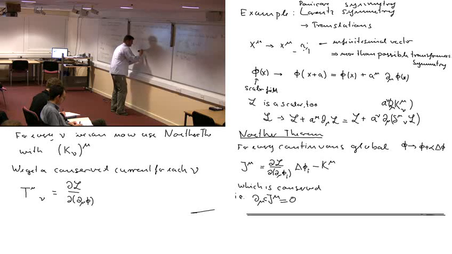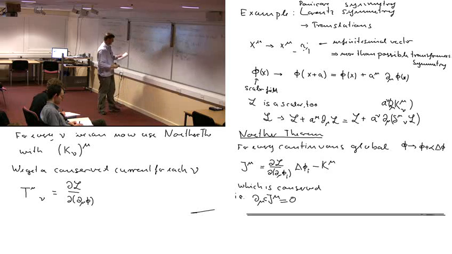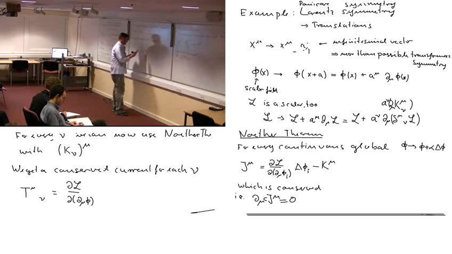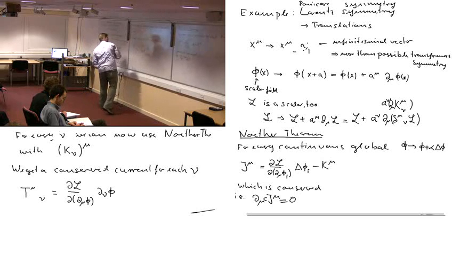So we take the derivative with respect to d mu phi, and then we plug in our change of the scalar field, which is actually d nu phi, because here we have our derivative.